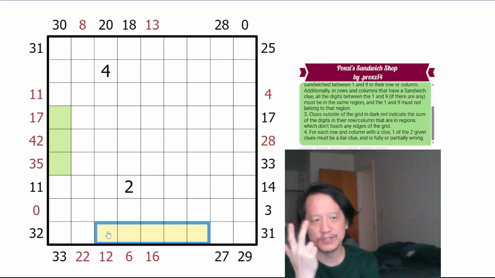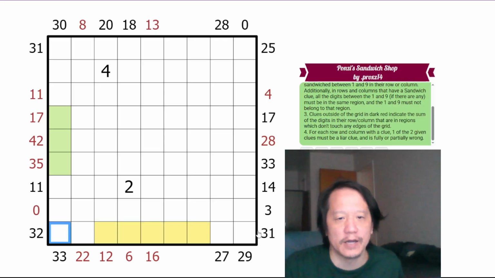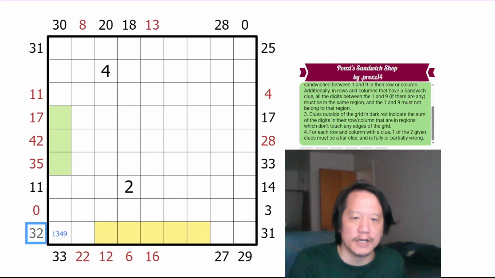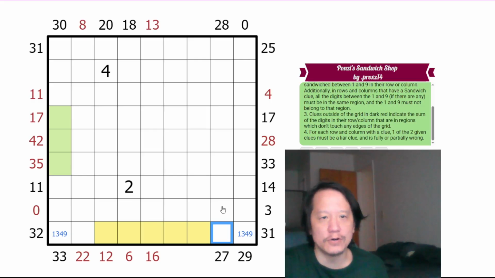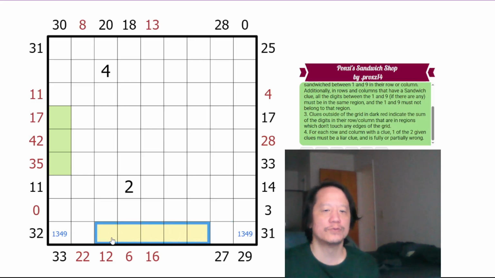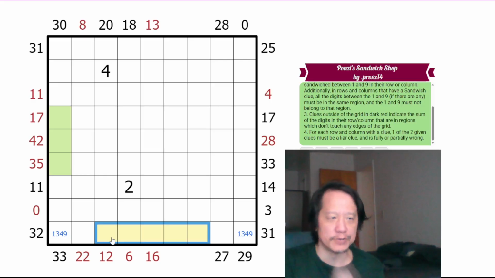And then 35 minus 32 is 3. So you're either missing a 3 or a 4 outside of the 1 and 9. So this could be 1, 3, 4, or 9, and this could be 1, 3, 4, or 9 there. And these are all part of the same region, and they cannot be 1 or 9.